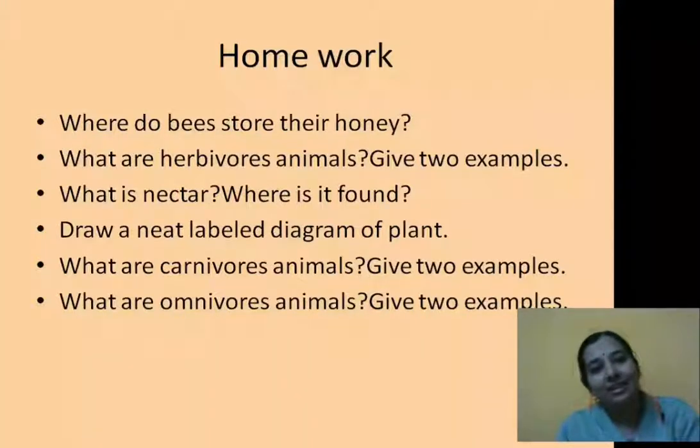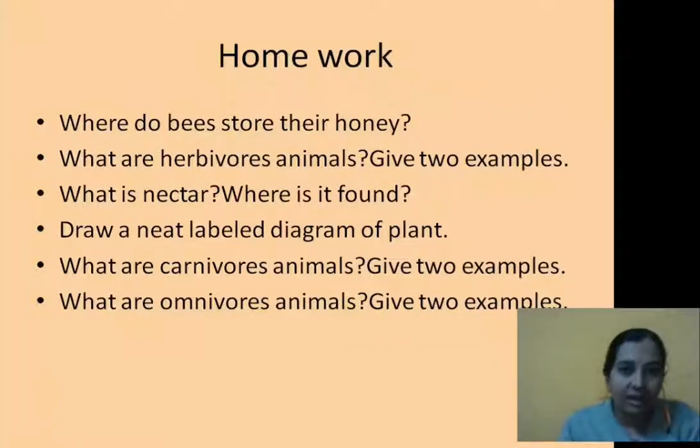We will correct it and give it back to you. But see, this is your first chapter of 6th standard. It is very small and very short. Your next chapter depends on this, so understand this chapter completely. We'll go for your next chapter. All right. Thank you.